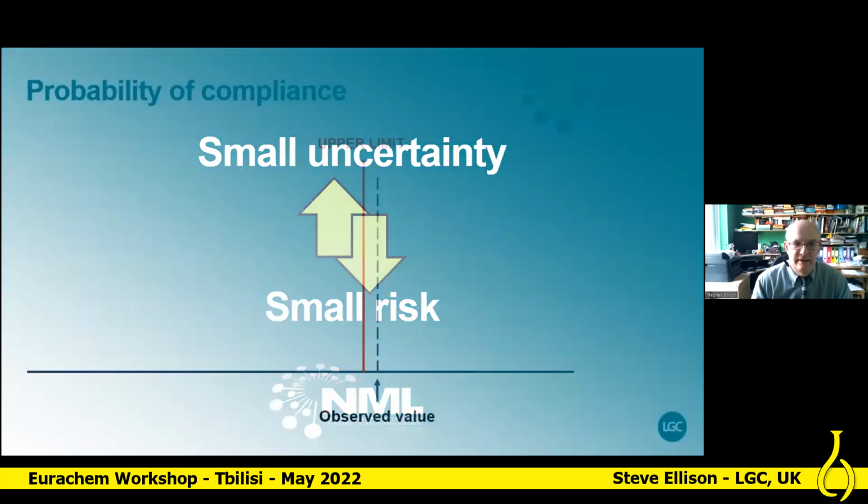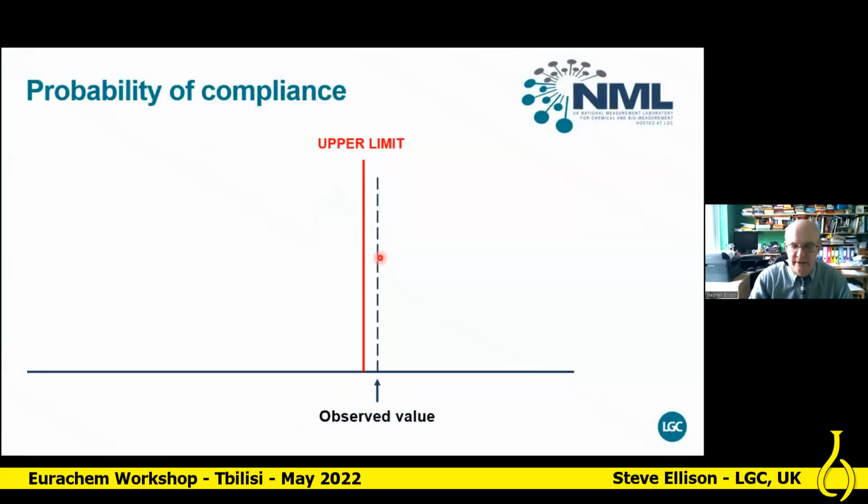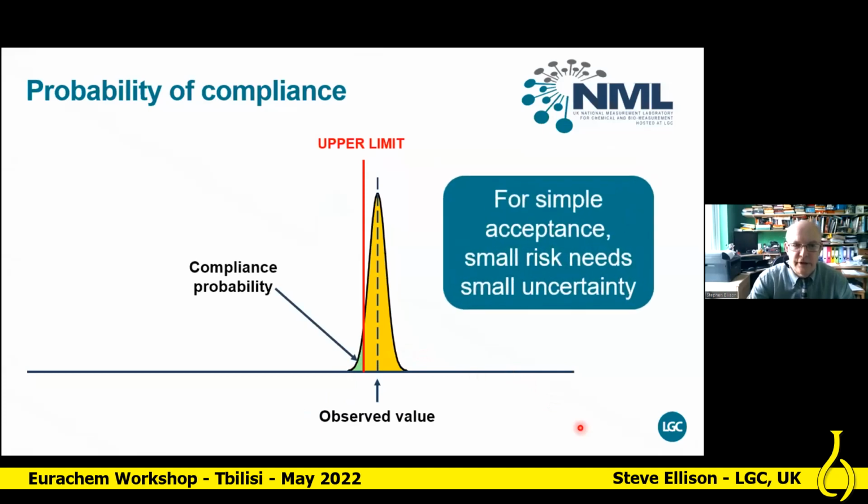We can see that in a picture. If we have the same situation, but a much smaller uncertainty, you can see that this compliance probability is much smaller. It's a much smaller proportion of the overall probability. So if we're using a rule like simple acceptance, where we just use the measurement result to decide whether something complies or not, small risks need small uncertainties.